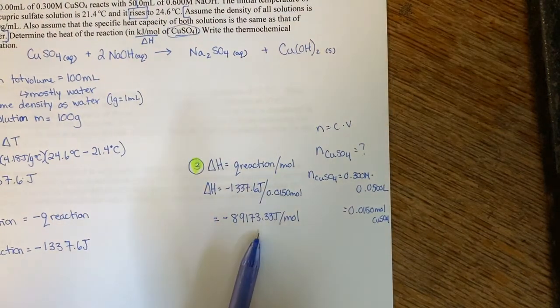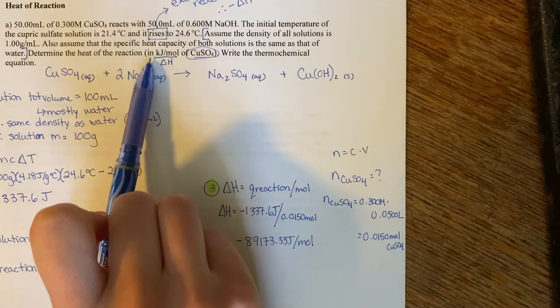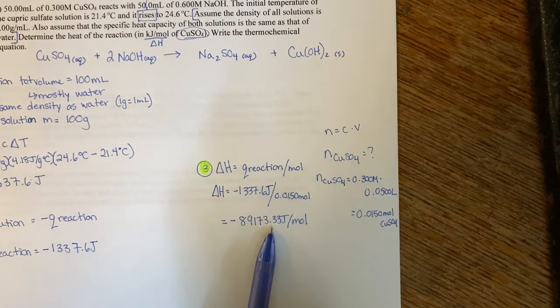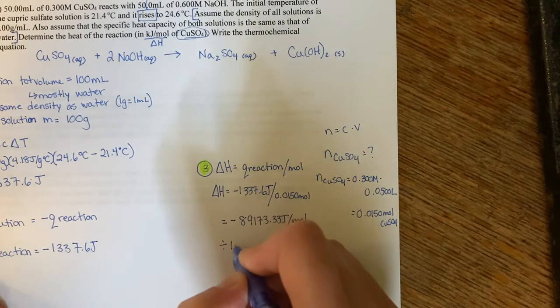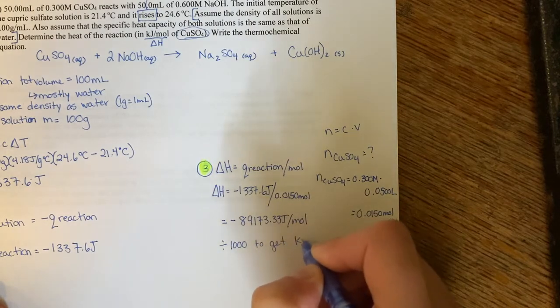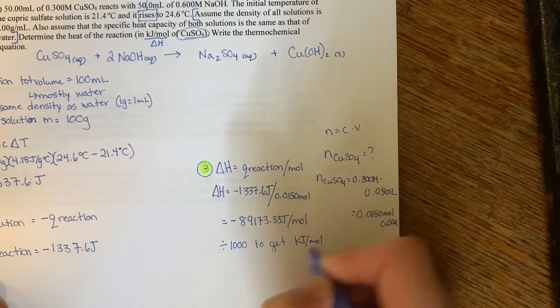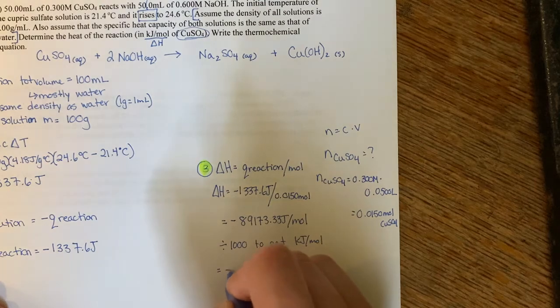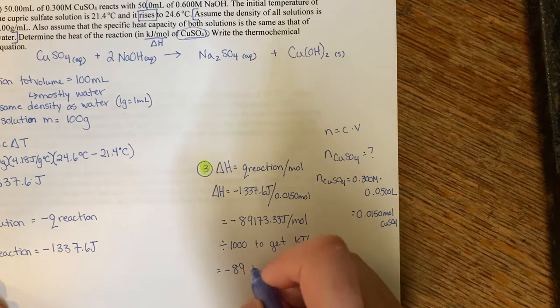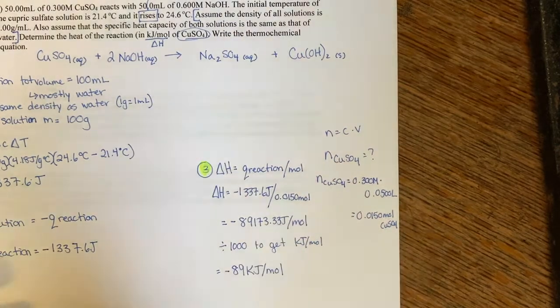Now this is a really big number, and the question also asked us to find it in kilojoules per mole. So we need to convert this into kilojoules per mole rather than joules per mole by dividing by 1,000 to get kilojoules, which is going to give us -89 kilojoules per mole.